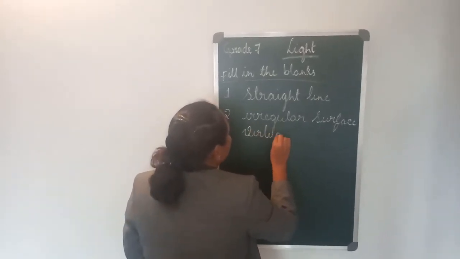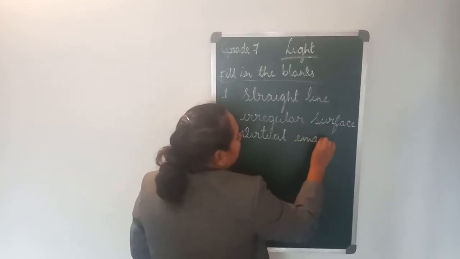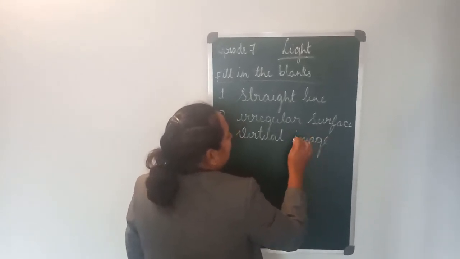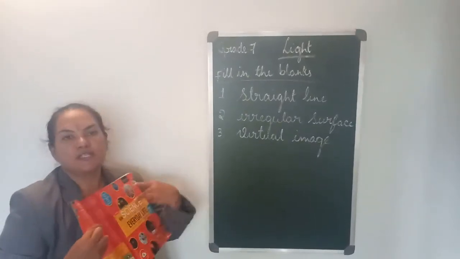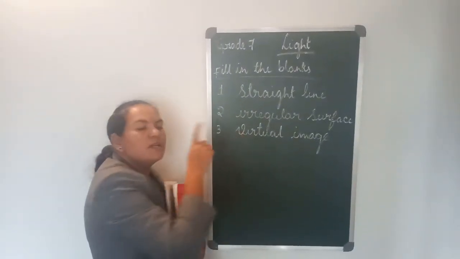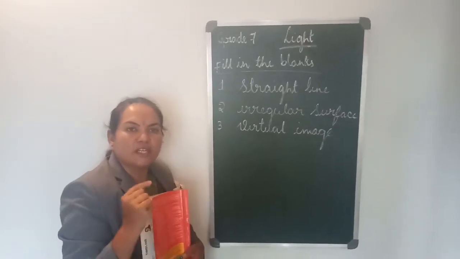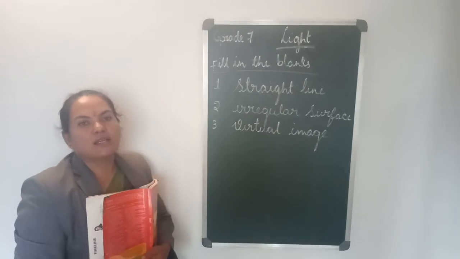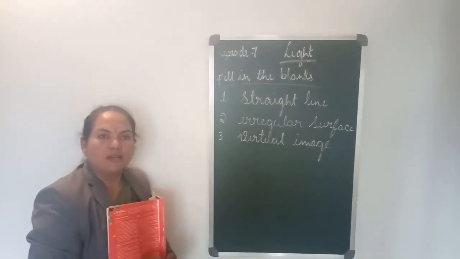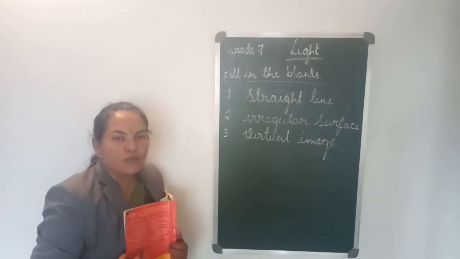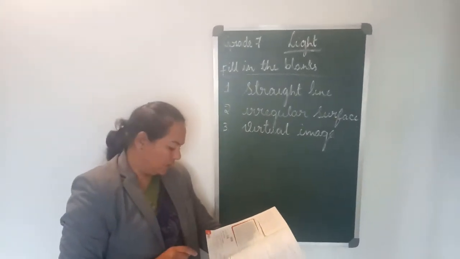Virtual image. What is the meaning of virtual? Virtual images means the images which cannot be formed or which cannot be caught on the screen are called as virtual images. Clear? And in case of convex lens, we will find virtual images.